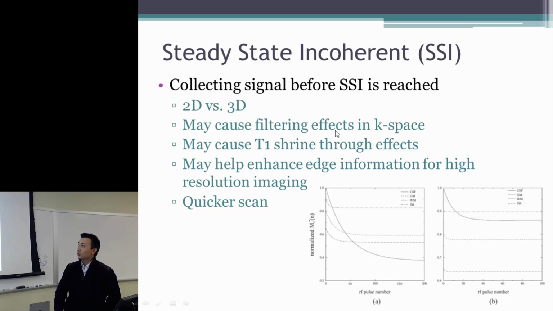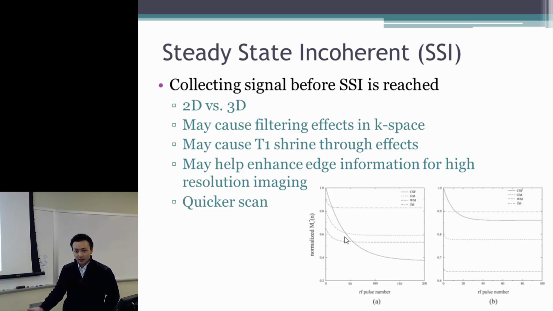So we need to take into consideration several factors if we are collecting the part of the signal before it reaches the steady state. First of all, we need to consider whether we are doing 2D or 3D imaging. So let's say it requires 100 TR, 100 repetitions, before it reaches steady state.